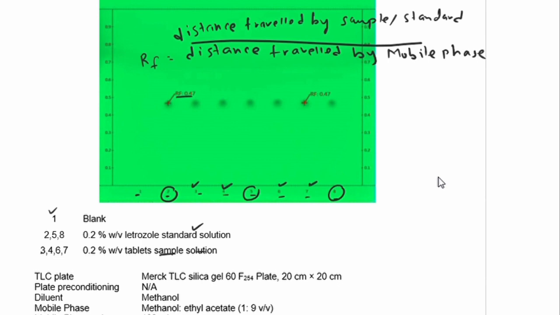According to the specification, if you're doing it for letrozole, RF would be 0.47. So that would be our value.